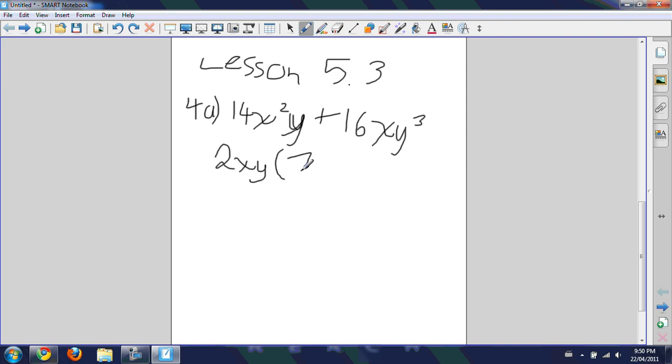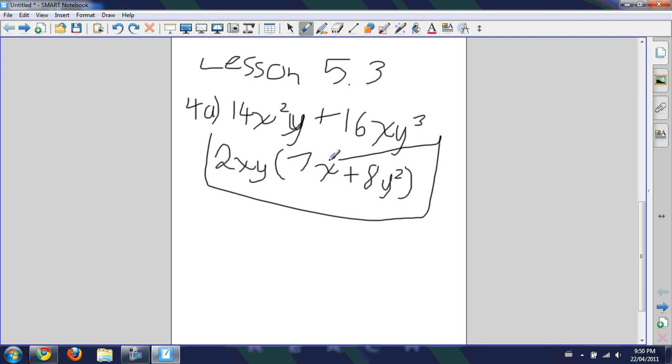So it'll be 7x, the y's cancel each other out, plus 8y squared. And that's because the y here would subtract the y there. So this is the final answer.